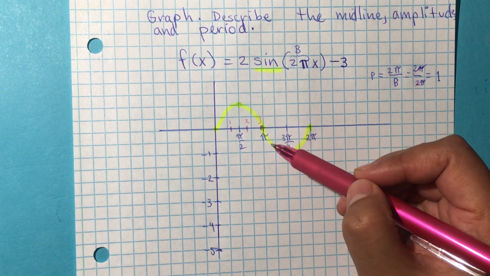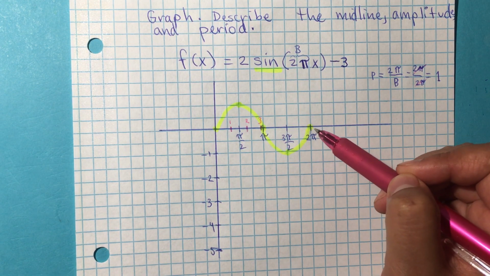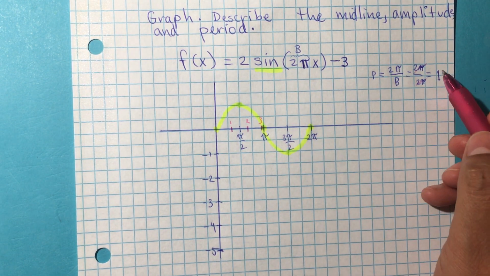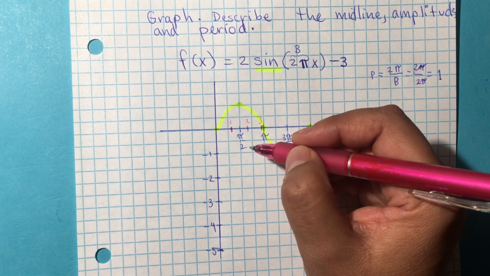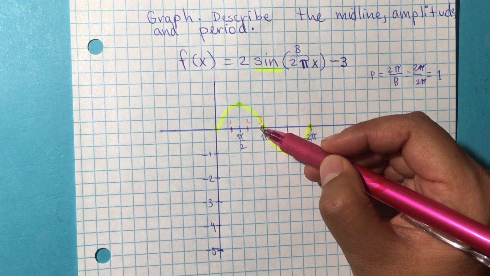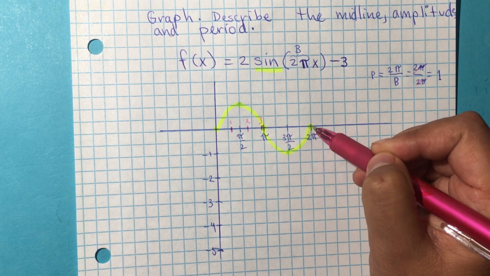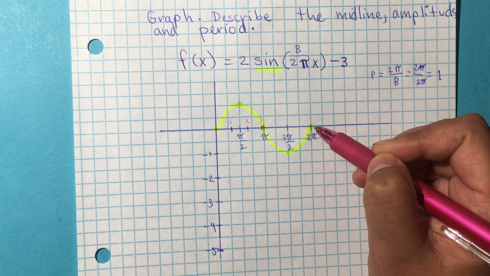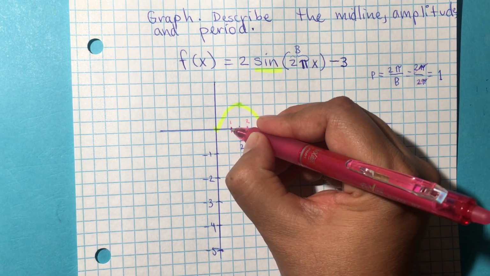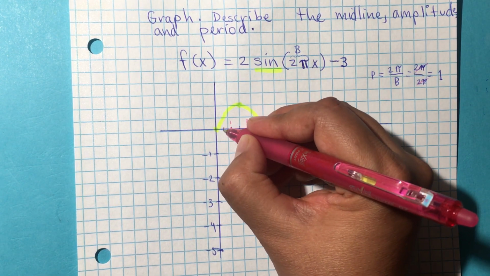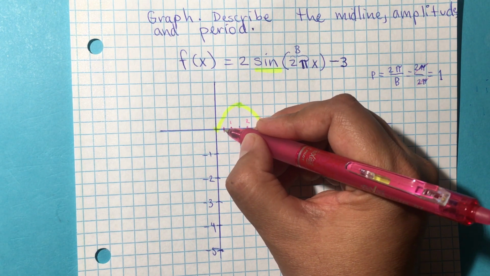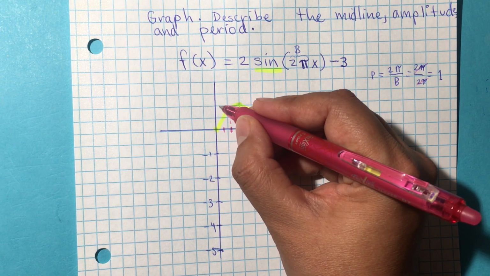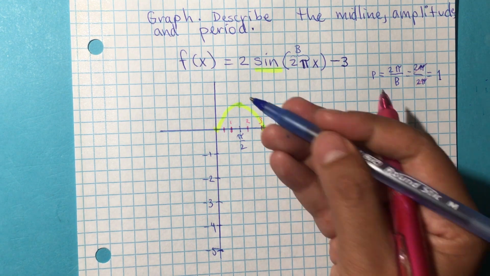It means that this original or mother graph has to fit now into only one right here. This is half of the graph. Going down is the other half of the graph. What does that mean? That 1 is right here, so half of that will be around here. What that means is that I have to go up to 1. This is 1 right here.